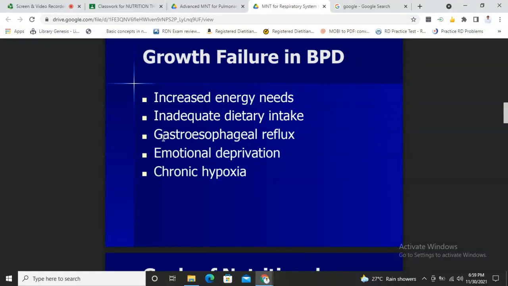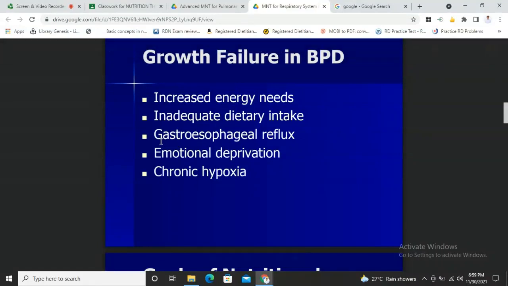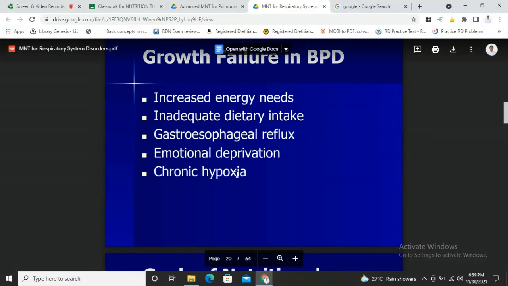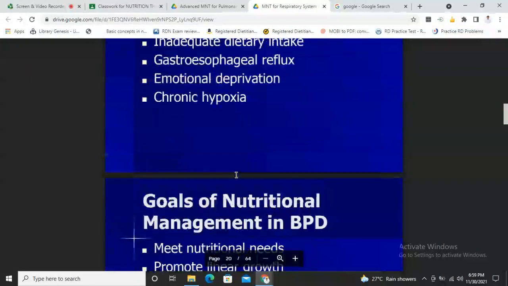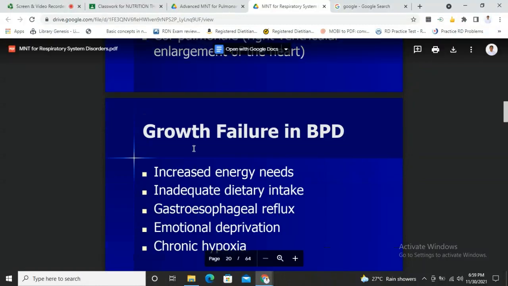And they would also experience GERD, not GERD per se, no, but what's this, acid reflux, okay, and emotional deprivation and chronic hypoxia. Okay. So, magkulang ang oxygen sa cells nila, no. And that would lead to growth failure.